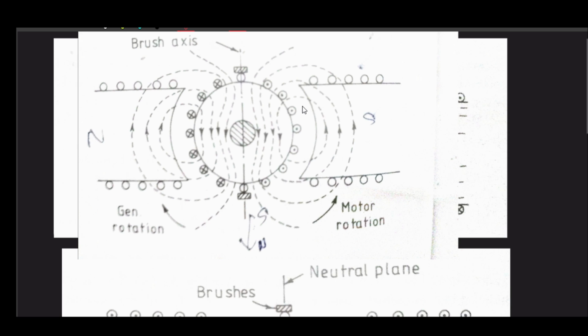So if your armature is carrying full load current, this will produce a stronger armature magnetic field, and if the armature is at no load, then it will not produce any magnetic field.